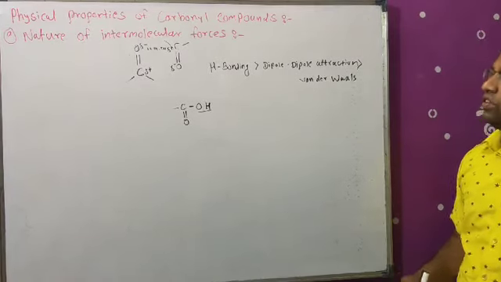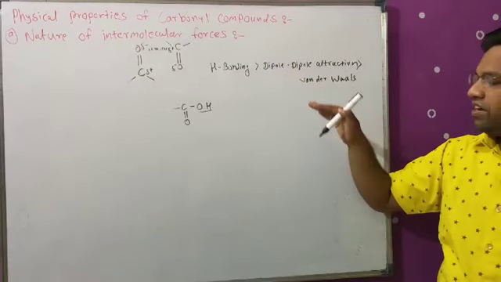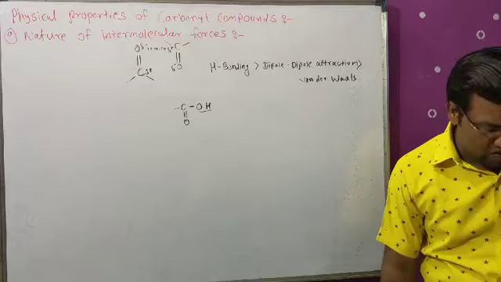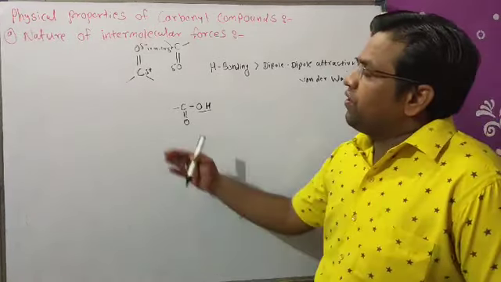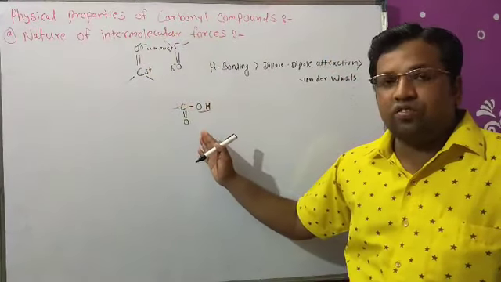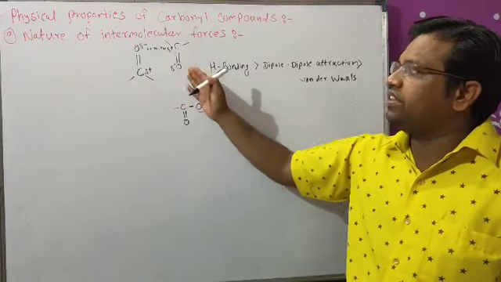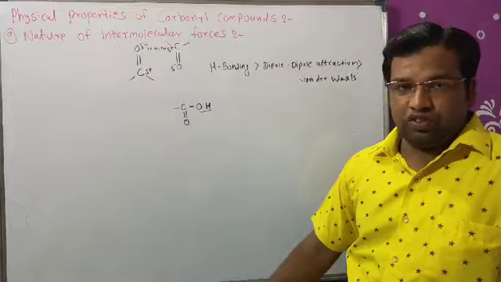So hydrogen bonding is stronger than dipole attraction, which is stronger than van der Waals forces. Therefore the intermolecular force of attraction is stronger in carboxylic acids than in aldehydes and ketones. That can be explained by these two points.